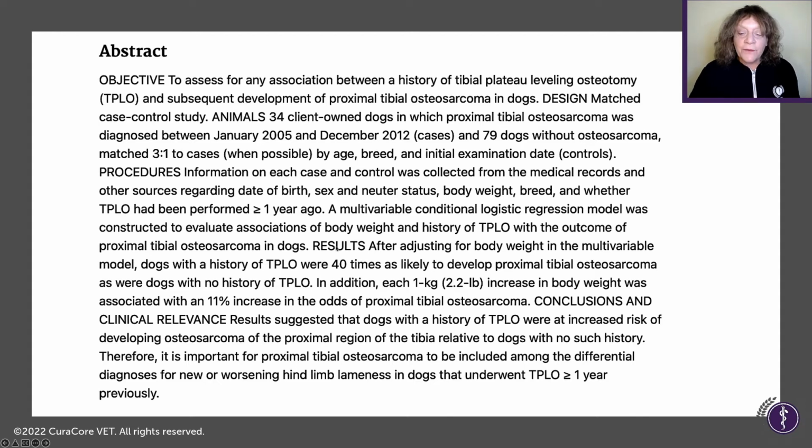After adjusting for body weight in the multivariable model, dogs with a history of TPLO were 40 times as likely to develop proximal tibial osteosarcoma as were dogs with no history of TPLO. And then, should you become deconditioned and sedentary and fatter, then each kilogram increase in body weight was associated with an 11% increase in the odds of coming down with osteosarcoma.